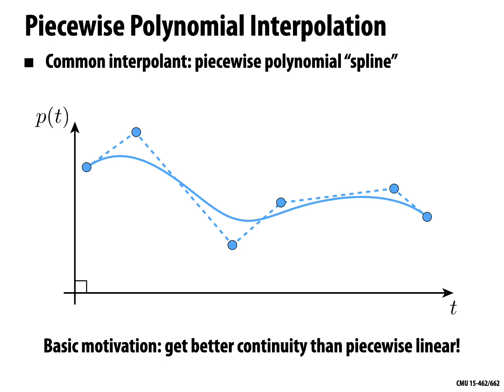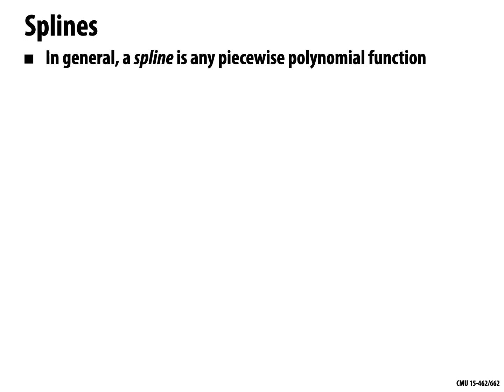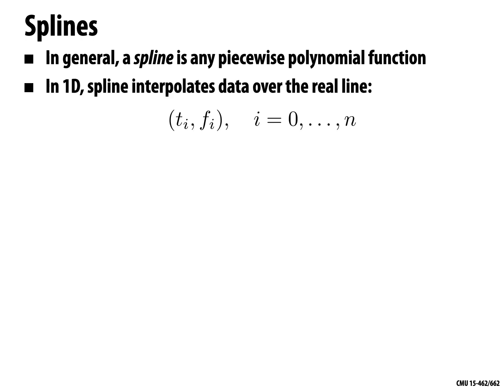With the basic idea that we want to get better continuity than piecewise linear interpolation. In general, when somebody uses the word spline in mathematics or computer graphics, they mean any piecewise polynomial function. Okay? So in one dimension, a spline interpolates data over the real line.